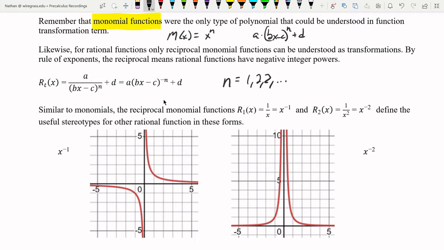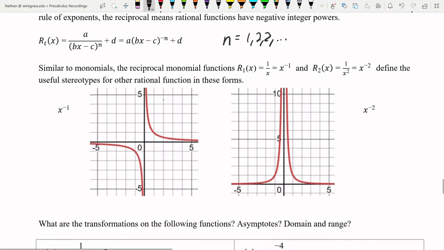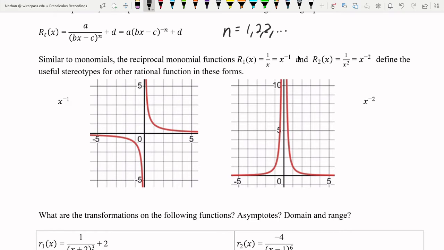Now, when looking at this, we have the stereotypes of 1 over x, which is just x to the -1, and then 1 over x squared, which is the same thing as x to the -2. So most of the rational functions that you look at transformations of will always fit one of these two types. Just like in polynomials, we had x squared and x cubed.